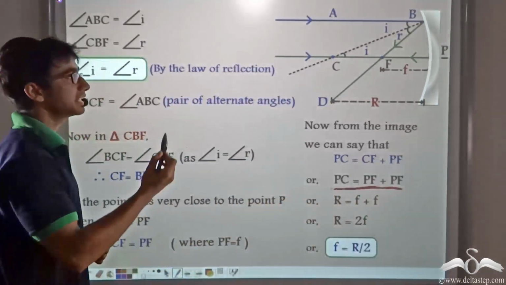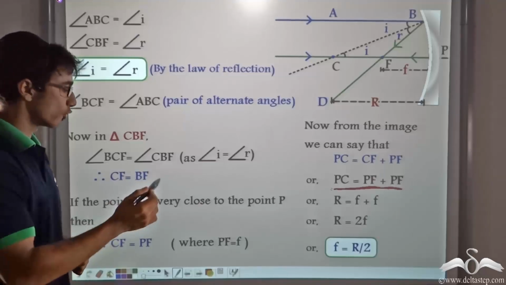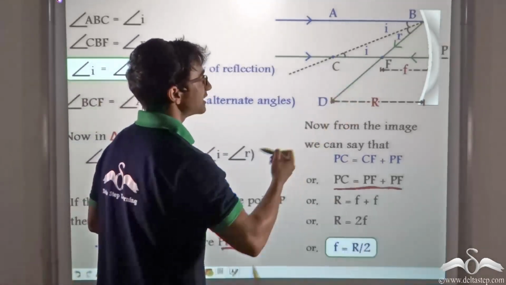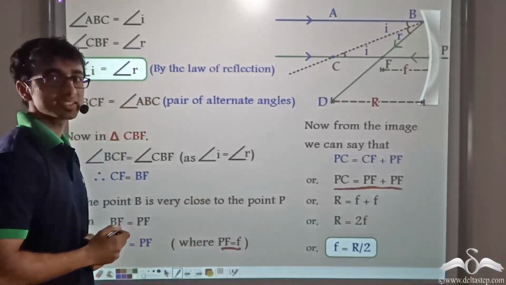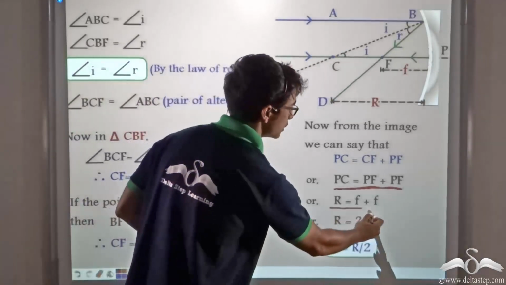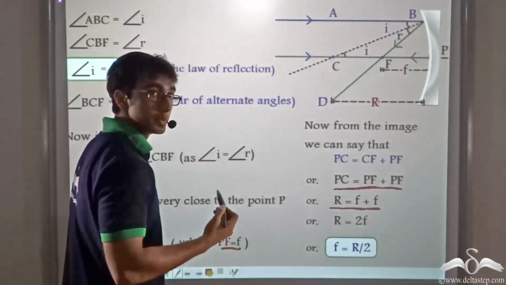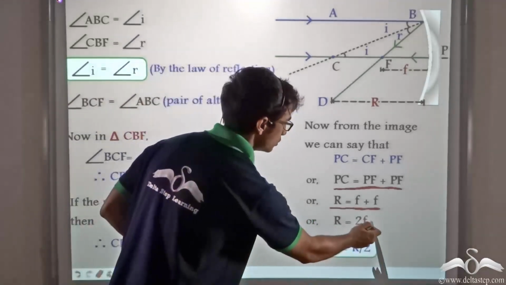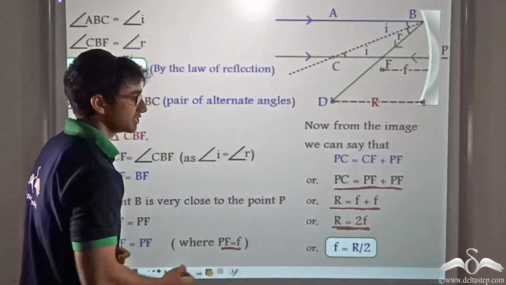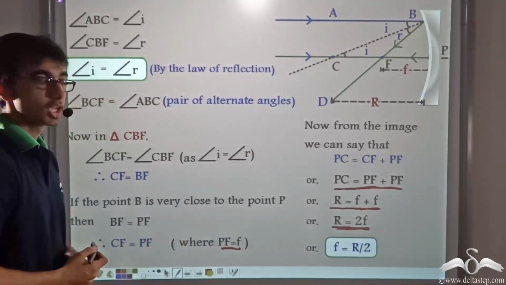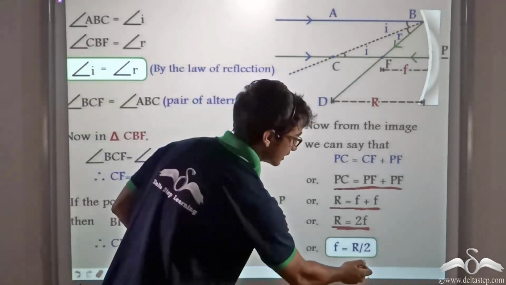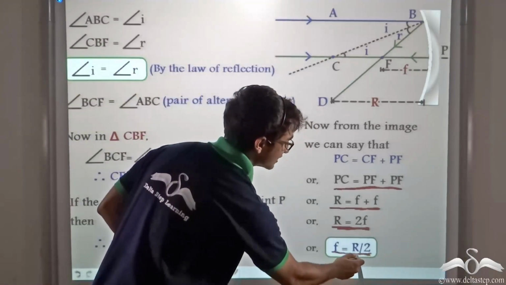Here we know that PF is nothing but the focal length, f, and PC is nothing but r, the radius of curvature. So we can write r is equal to f plus f, which gives us r is equal to 2f. And this gives us f is equal to r by 2. Or in other words, for a concave mirror, the focal length is half of the radius of curvature.